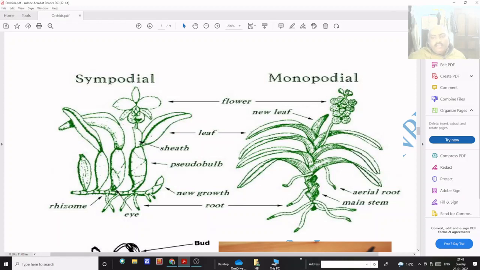In monopodials, the growth takes place vertically and there is no rhizome formation underground. The roots and leaves emerge from the stalk, and the flower stalk also emerges from the leaf axis.